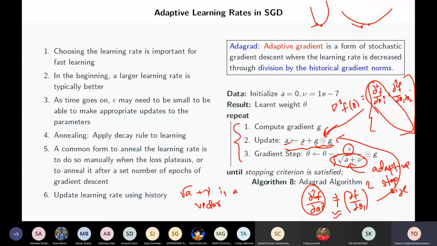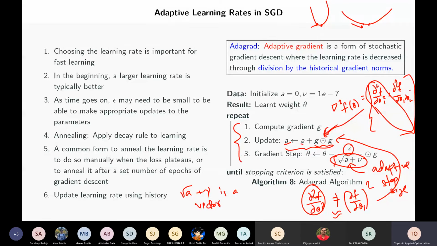This tells me that if there is a certain direction along which, let us say theta 1 is the direction along which there is a sharp curvature, then I must decrease my step size proportionally along that direction.